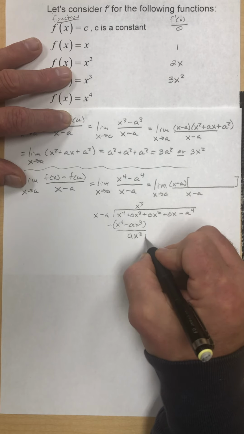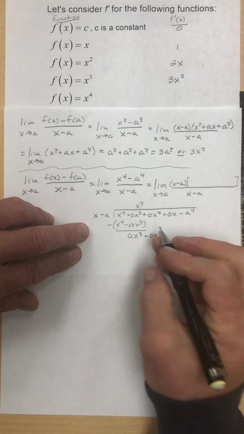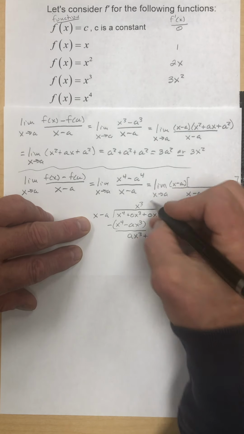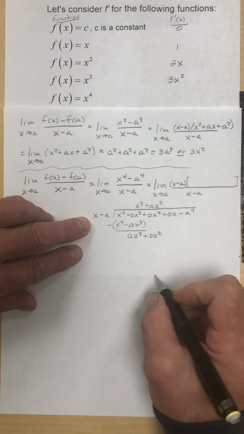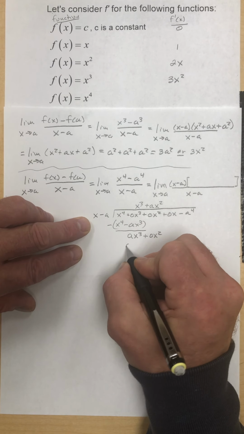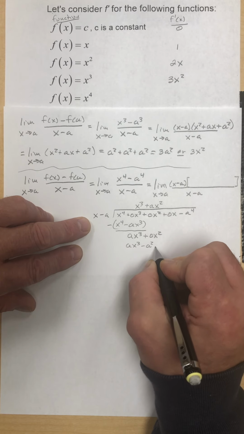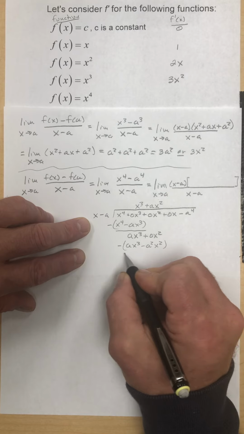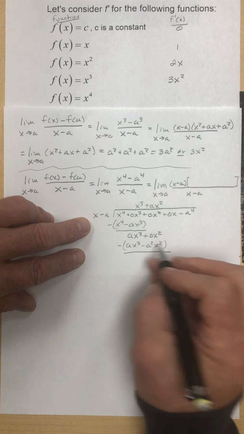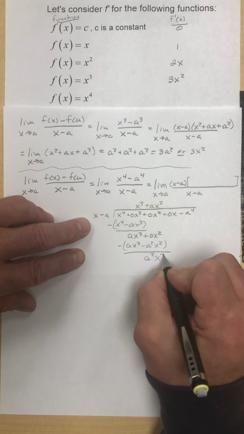Bring down the 0x squared. Okay, so ax cubed divided by x will be ax squared. Multiply through, so that'll give me ax cubed minus a squared x squared. And then we do our subtraction. Of course, these cancel off, and you have minus a negative. So I've got a squared x squared.